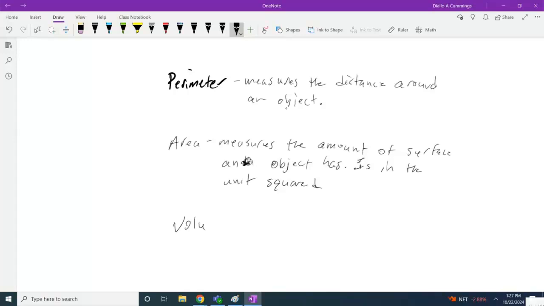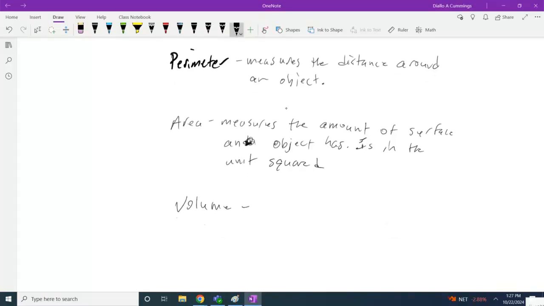And we're going to talk about volume later on, but I'm going to sort of introduce that now. Volume is the amount of liquid something can hold, and the volume is measured in cubic units.